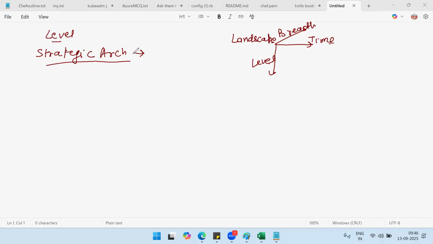It is basically supporting the direction to set up at the execution level.